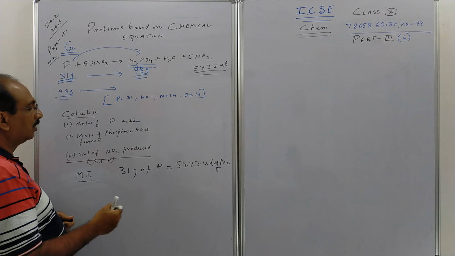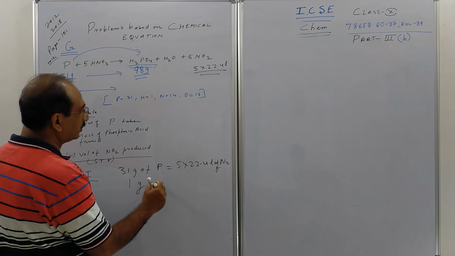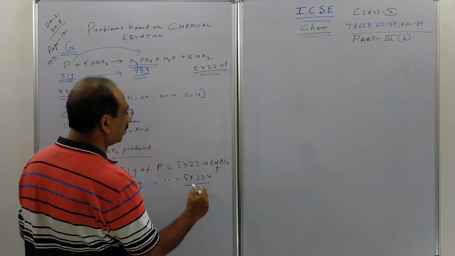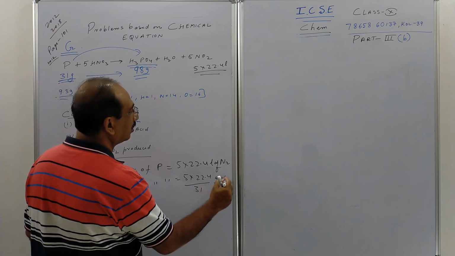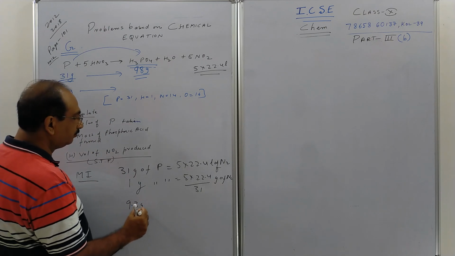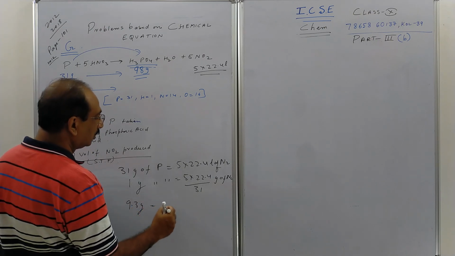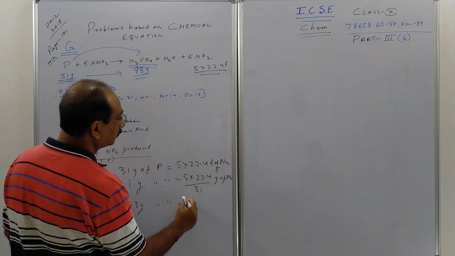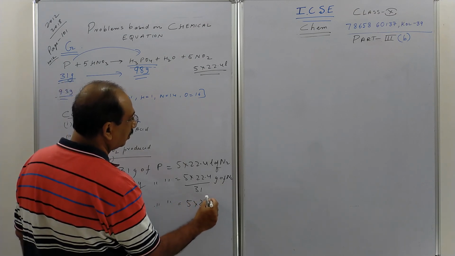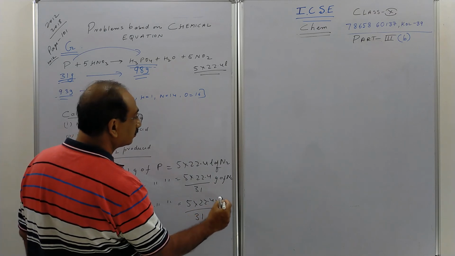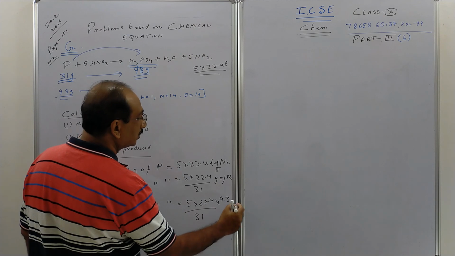So 1 gram, simple maths, 5 into 22.4 by 31 liter of NO2. So this is for 9.3 gram, 5 into 22.4 by 31, this much liter.